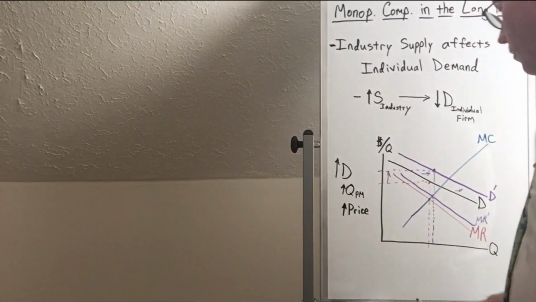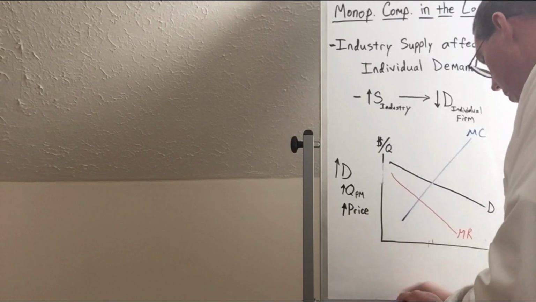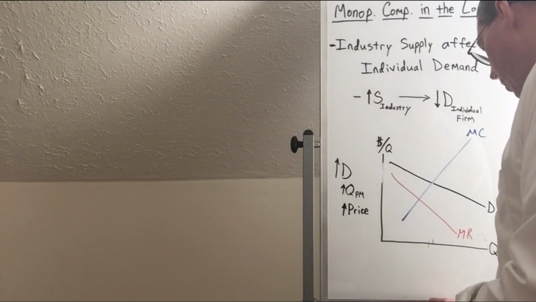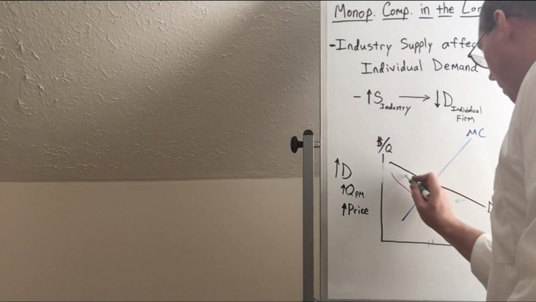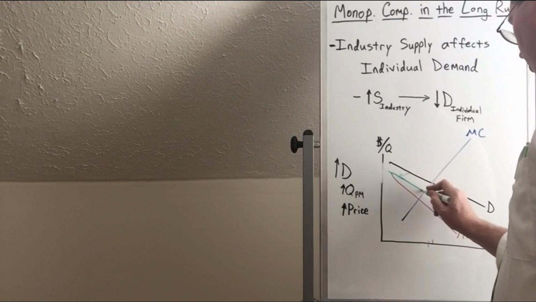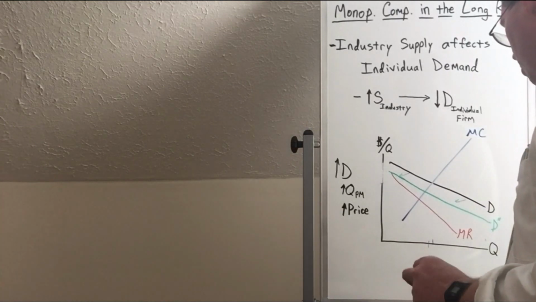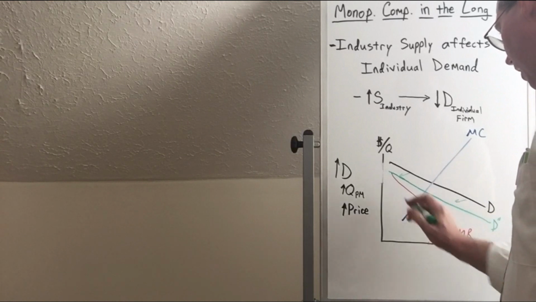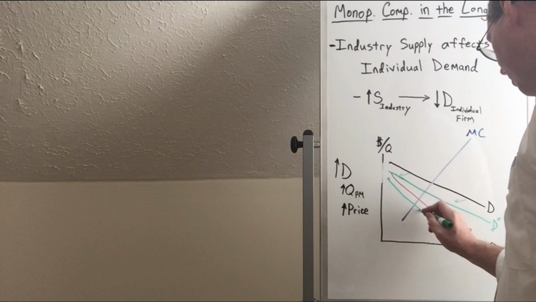Okay? On the other hand, if demand decreases, I'll use green for a decrease. If demand decreases for a monopolistic competitor, it's going to shift to the left. So I'm going to draw it in parallel, and we're going to call it D double prime, which means that the marginal revenue curve will also shift to the left. We're going to make it parallel, same steepness, but to the left.